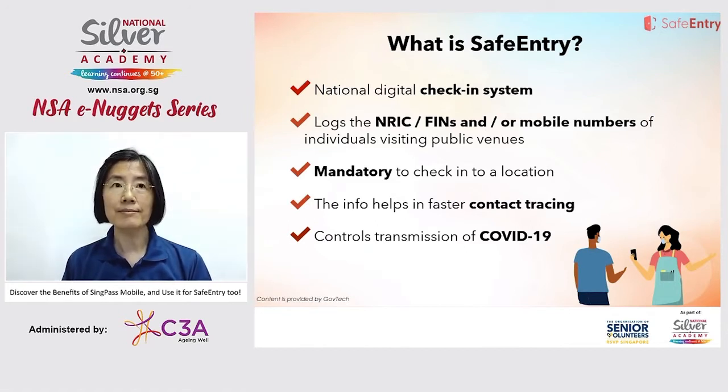Since May this year, it has been set as mandatory to check in when you visit a location. And this information that is captured will help in faster contact tracing, and therefore, it helps to control the transmission of the COVID-19 coronavirus.